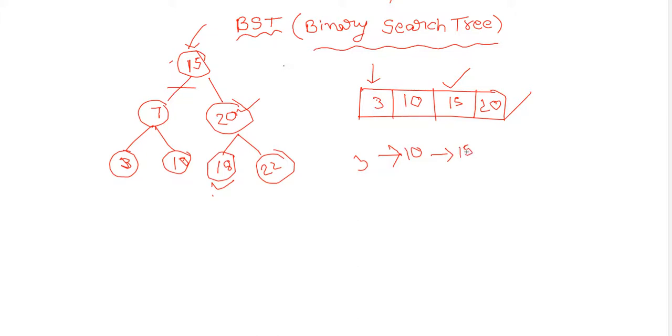Now you need to go in sequential order. 3.next, 10 will come, 10.next, 15 will come. Like this you need to search each and every element in the linked list. The time complexity for a linked list is O(n).